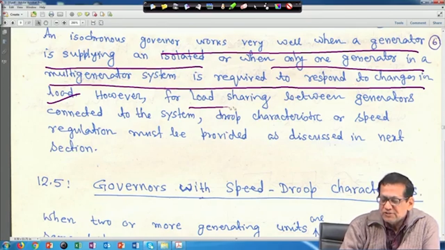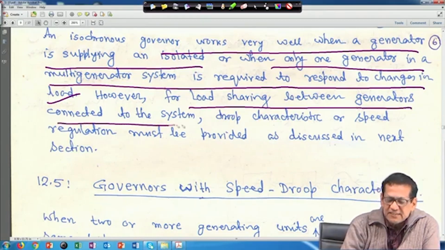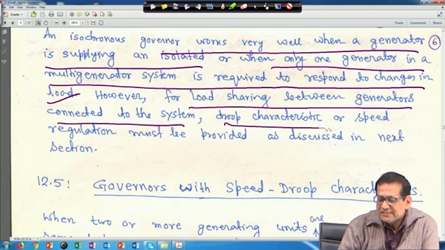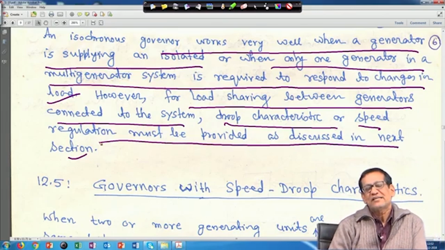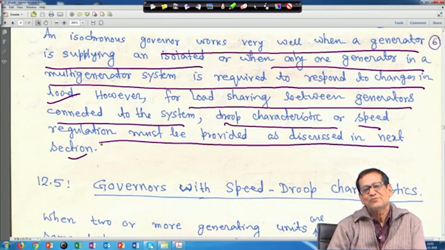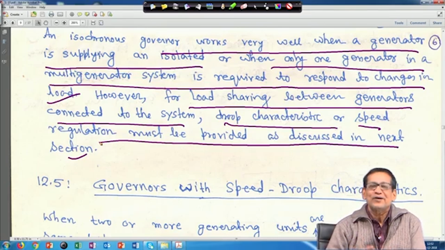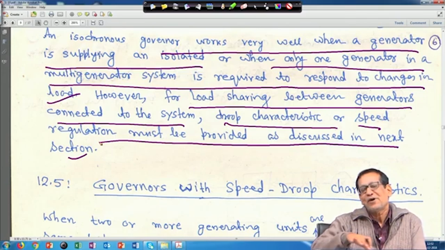However, for load sharing between generators connected to the system, a droop characteristic or speed regulation must be provided, as discussed in the next section. A droop characteristic will be there, otherwise there will be a tug of war between the generators. Suppose load has increased, so every generator has to share power among themselves.